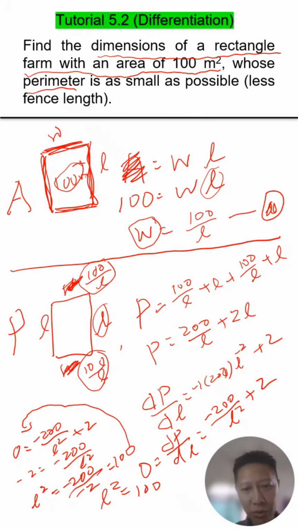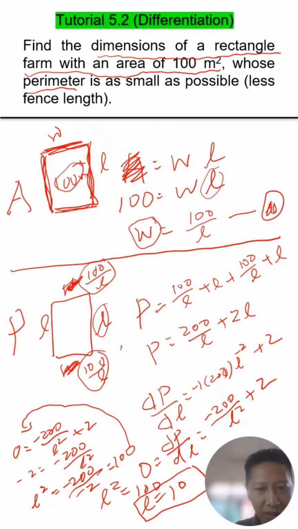So the length squared equals 100. The length at the end, after we solve it, we get 10 meters. So the length is 10 meters. We can erase the length and replace it with 10 meters.